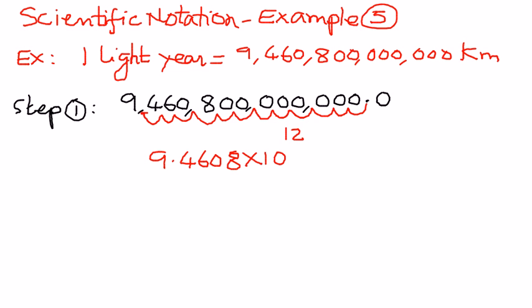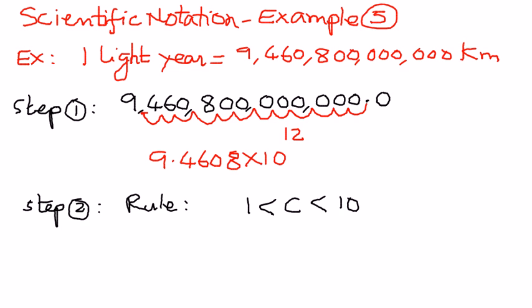As step number 2, we want to make sure that we have expressed it correctly in scientific notation. The rule is that the value of C, the value which we are expressing, should be greater than 1 and less than 10.